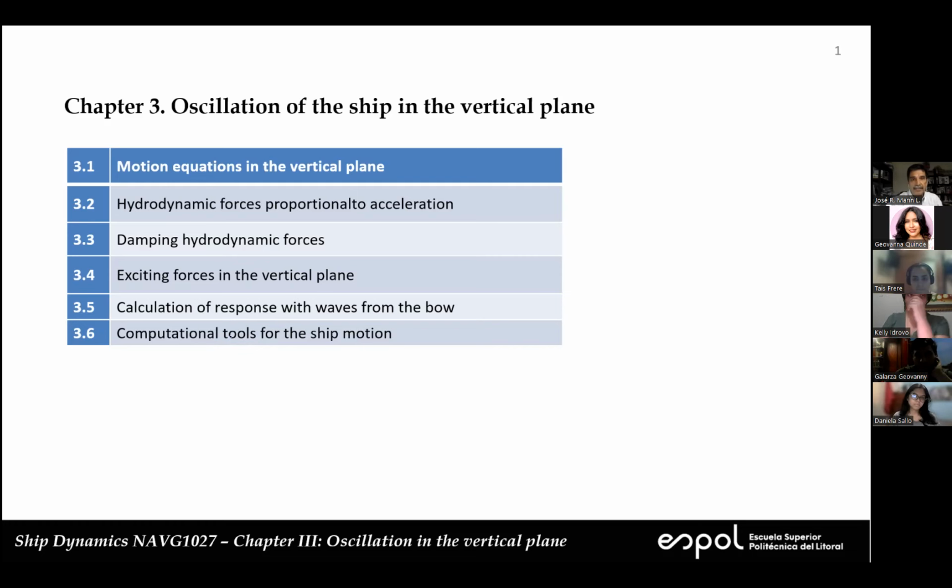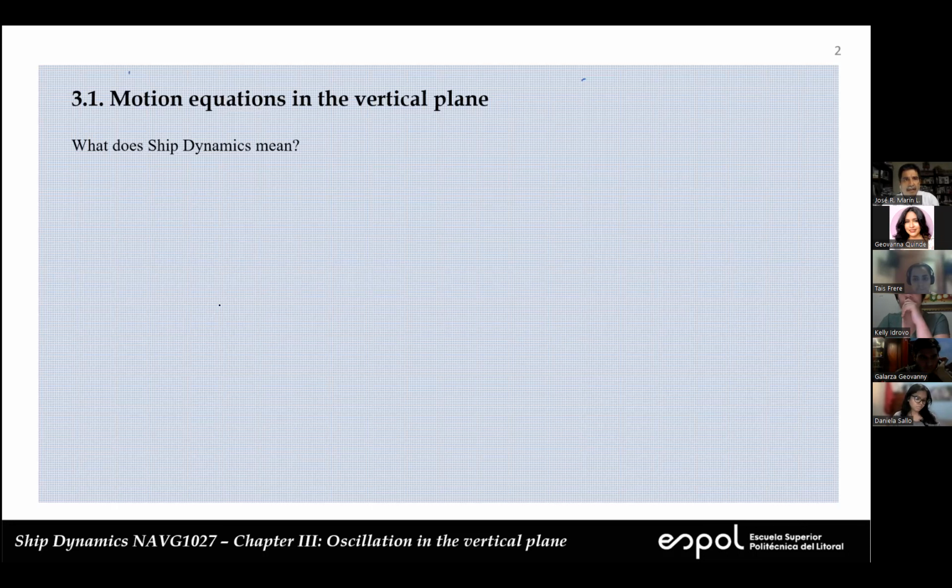Okay, so let's start. This is something that you have heard me say before, but hopefully after this, you will keep this in your memory. Okay, when you study ship dynamics in general, especially in the American context, what do we mean by this? Okay, in general, dynamics means dependence on time, right?